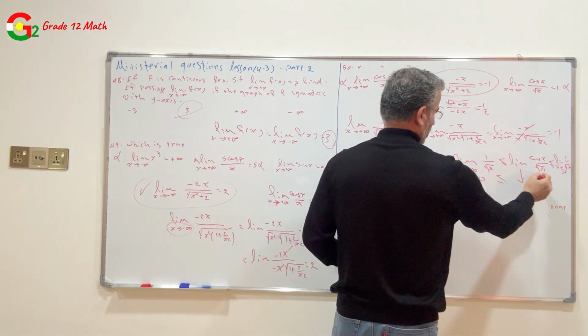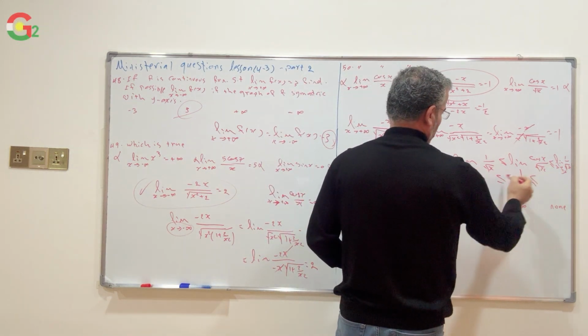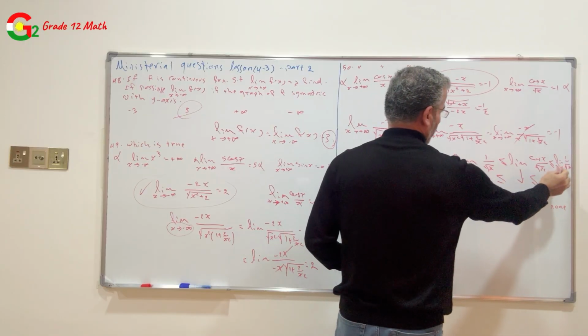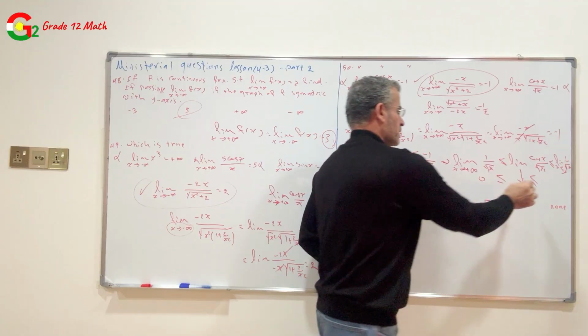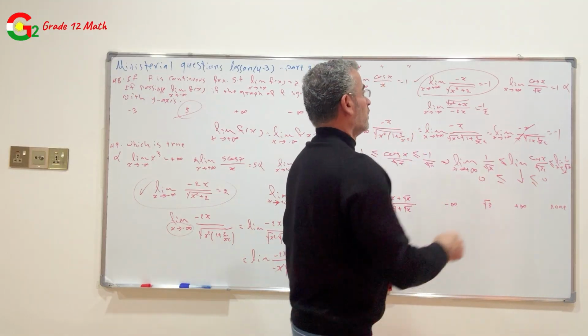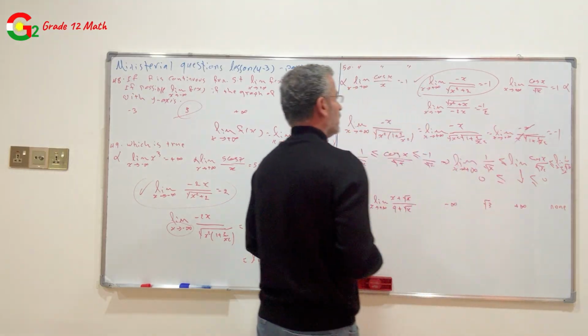Less than or equal to our limit, less than or equal to the limit of 1 over square root x, which is also 0. Since 1 over infinity is 0, the result is 0, not 1.